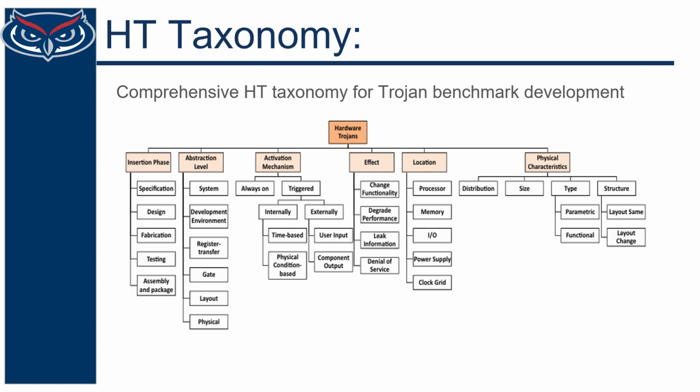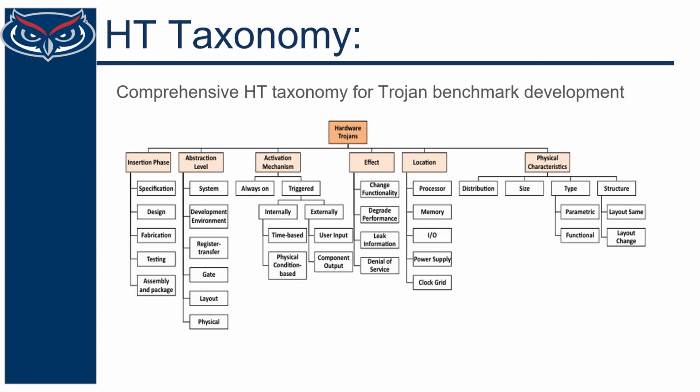And activation mechanism. In activation mechanism, Trojans may always function or they can be conditionally activated. Always-on Trojans start as soon as their host design is powered on, while conditional Trojans seek specific internal or external triggers to launch an effect.